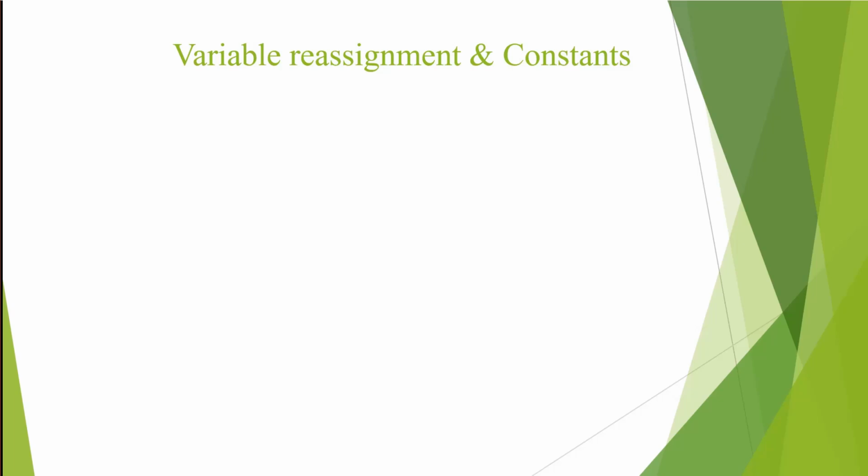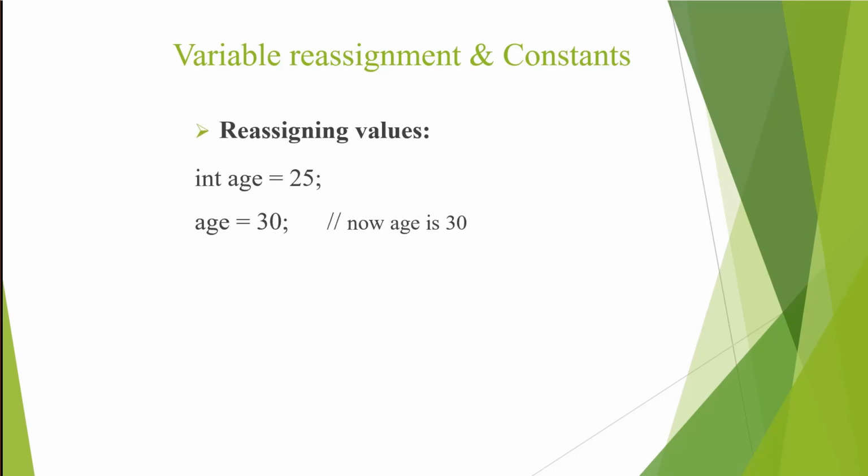Once a variable is declared, you can change its value at any time. This means we can update a variable's content as the program runs. For example, if variable age has the value of 25, by writing age equals 30, we reassign its value to 30.